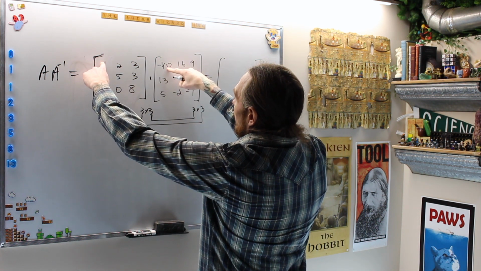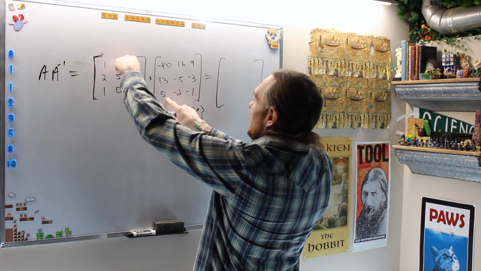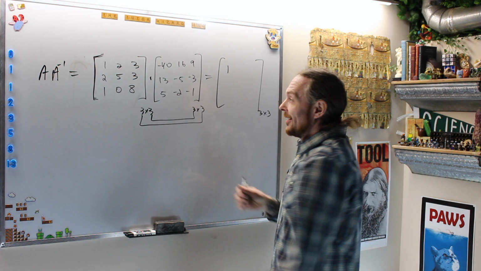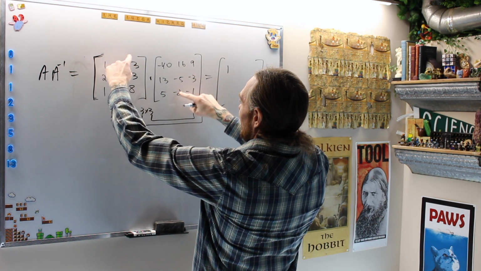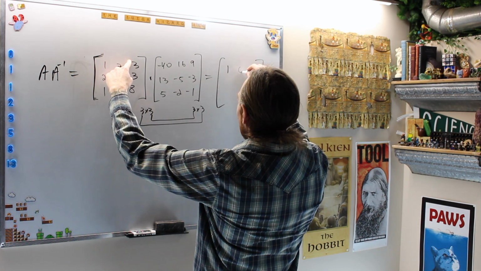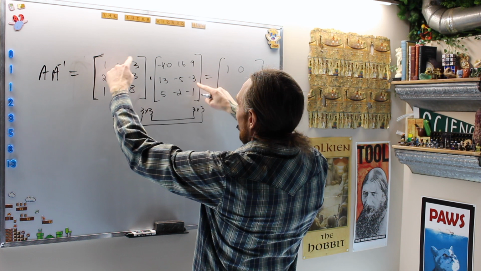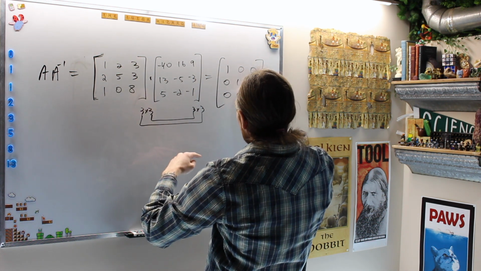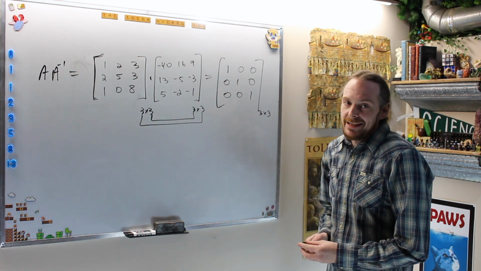Negative 40 plus 26 plus 15 is 41 minus 40, which is 1. Then I get 16 plus negative 10 plus negative 6 is 16 minus 16, which is 0. Then 9 minus 6 minus 3 is 9 minus 9, which is 0. 0, 1, 0, 0, 0, 1. Yeah, it worked. You have a check on the exam.